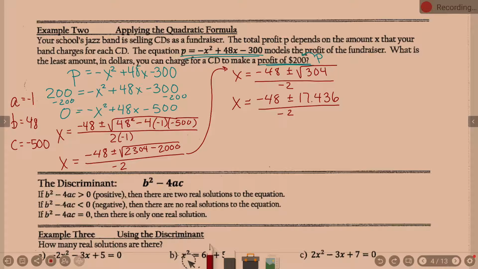Okay? So now realize, we actually need to find 2 answers, right? We need to find negative 48 plus 17.436 divided by negative 2, and negative 48 minus 17.436 divided by negative 2.